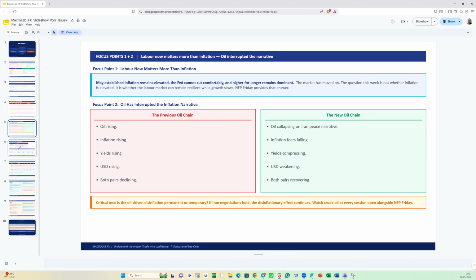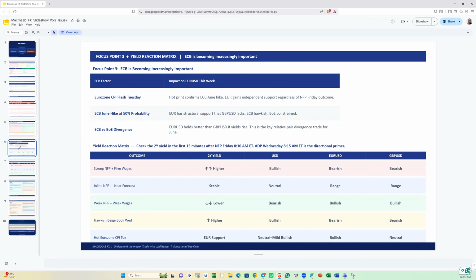Our focus point 3 is yield reaction, and of course we want to see the ECB hiking narrative. We need pricing this week, as the Tuesday Euro CPI data gives a clue on whether the European Central Bank should head into a hiking narrative, or whether the data gives us a view that the hike narrative will be on hold while we still watch incoming data.